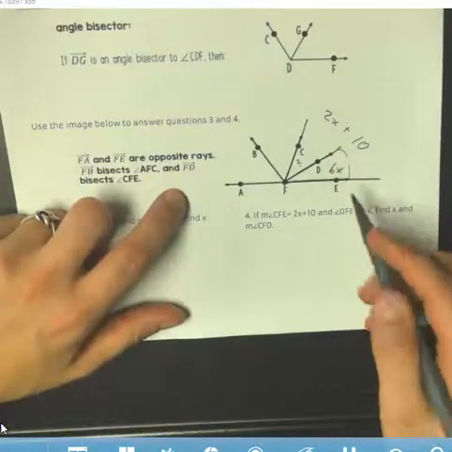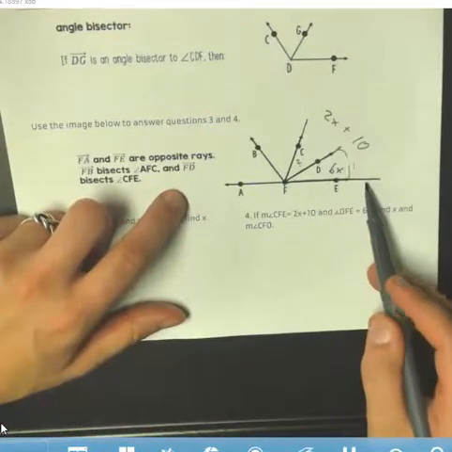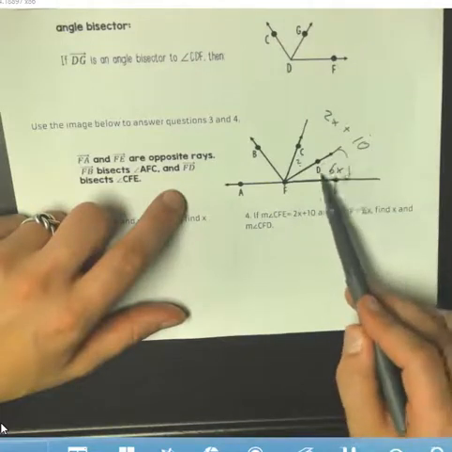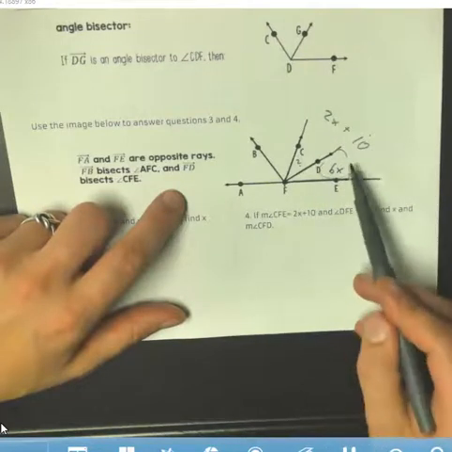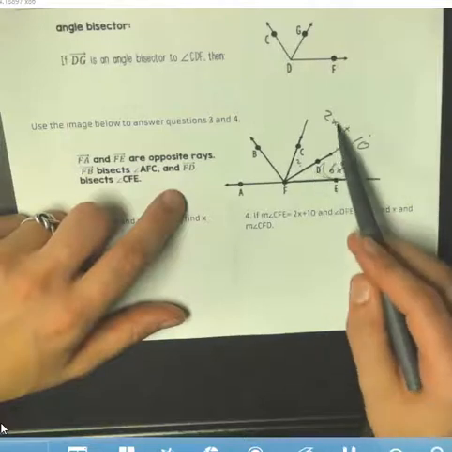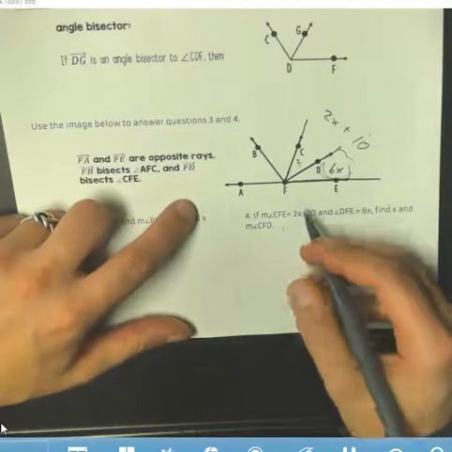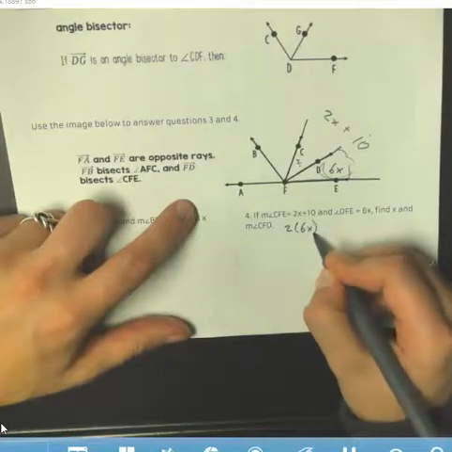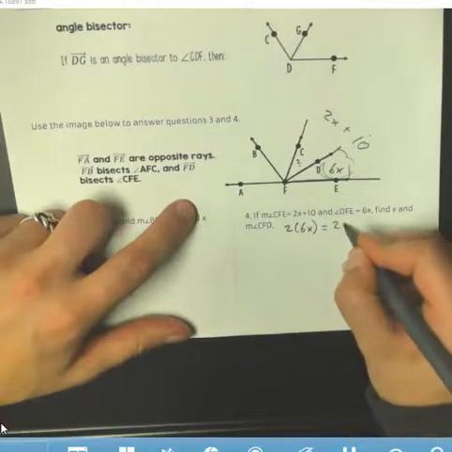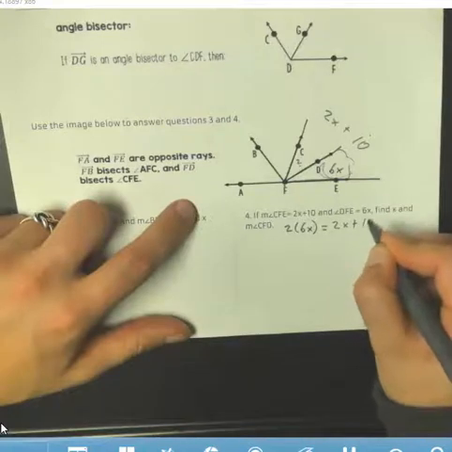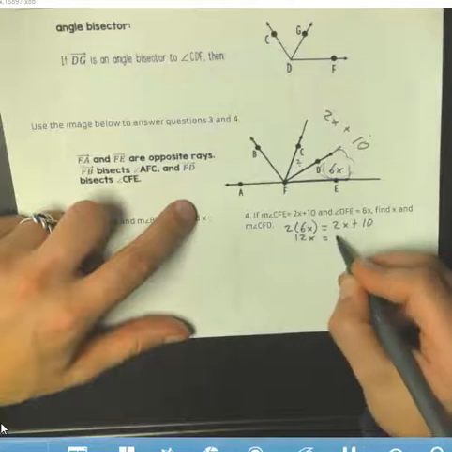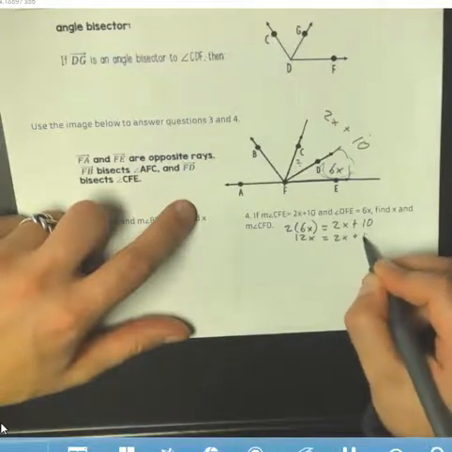So first let's solve for x. We have this big one, and then it's bisected over here, so this has to be half of this big one, or 2 times this is equal to the big one. So 2 times 6x is equal to 2x plus 10. So 12x is equal to 2x plus 10.